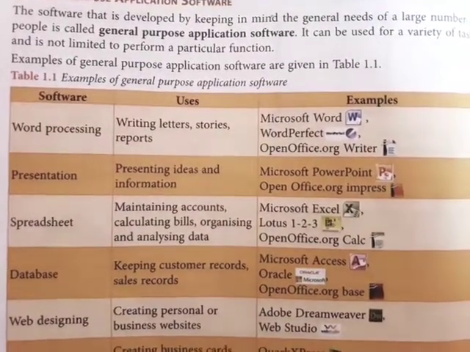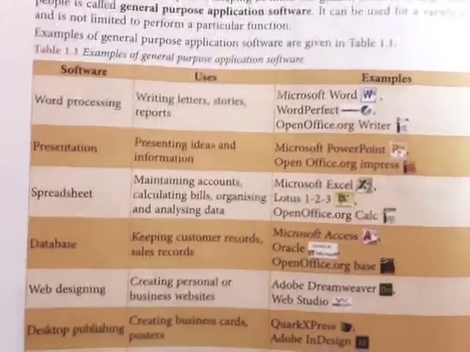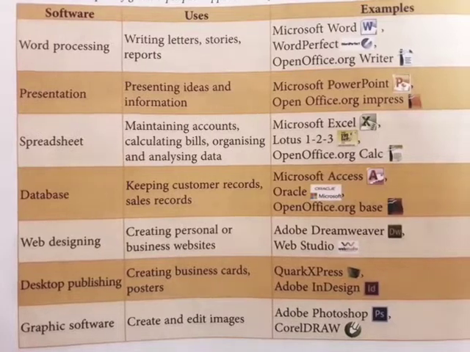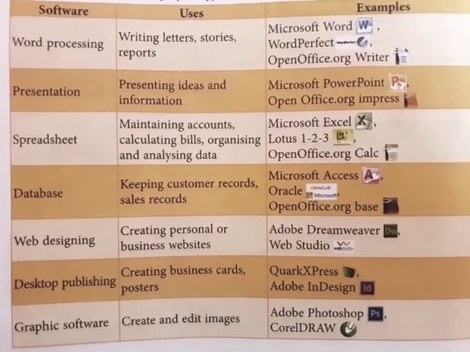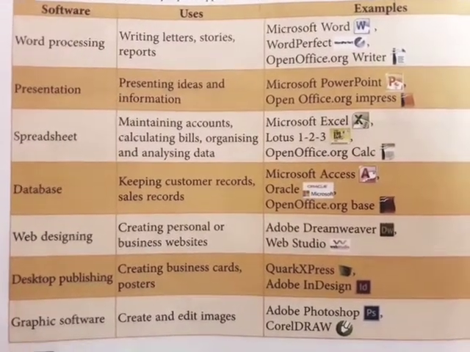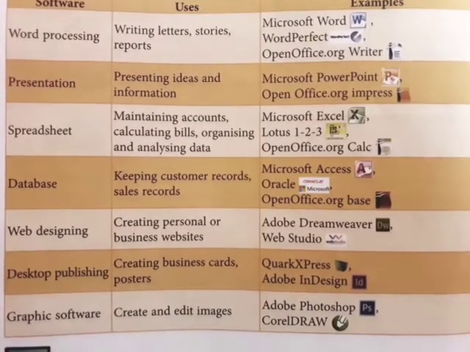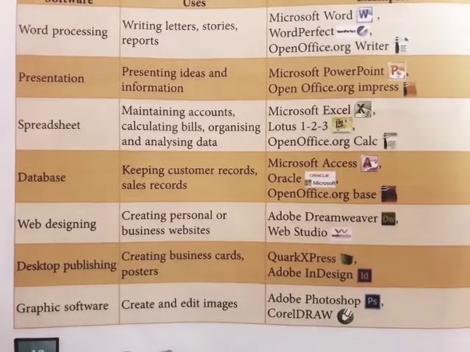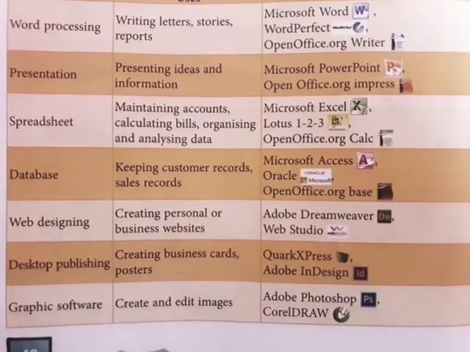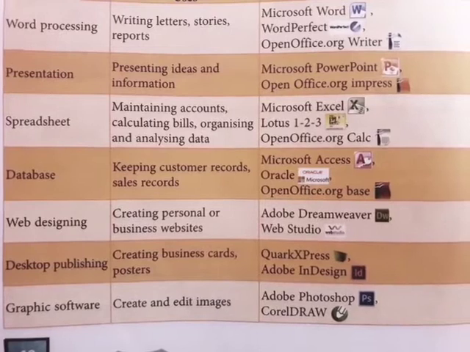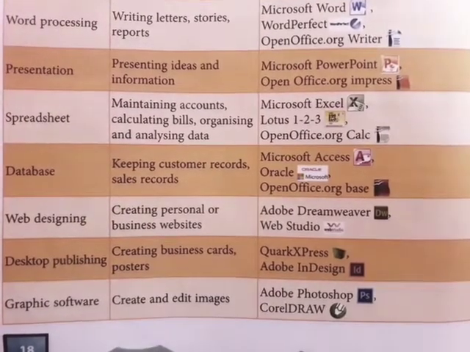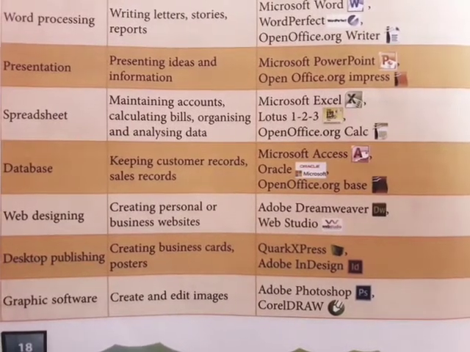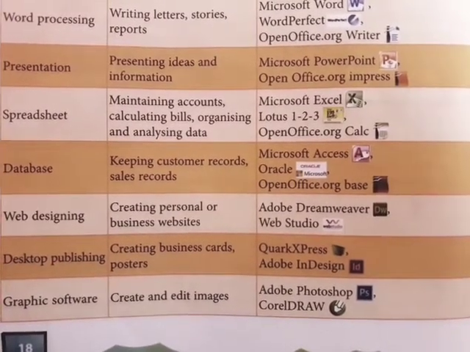Examples of general purpose application software are given in the table. Word processing: Microsoft Word, WordPerfect, OpenOffice.org Writer, etc. Presentation: Microsoft PowerPoint, OpenOffice.org Impress, etc. Spreadsheet: the best example is Microsoft Excel, Lotus 123 in Linux, OpenOffice.org Calc. Database: Microsoft Access, Oracle, OpenOffice.org Base.